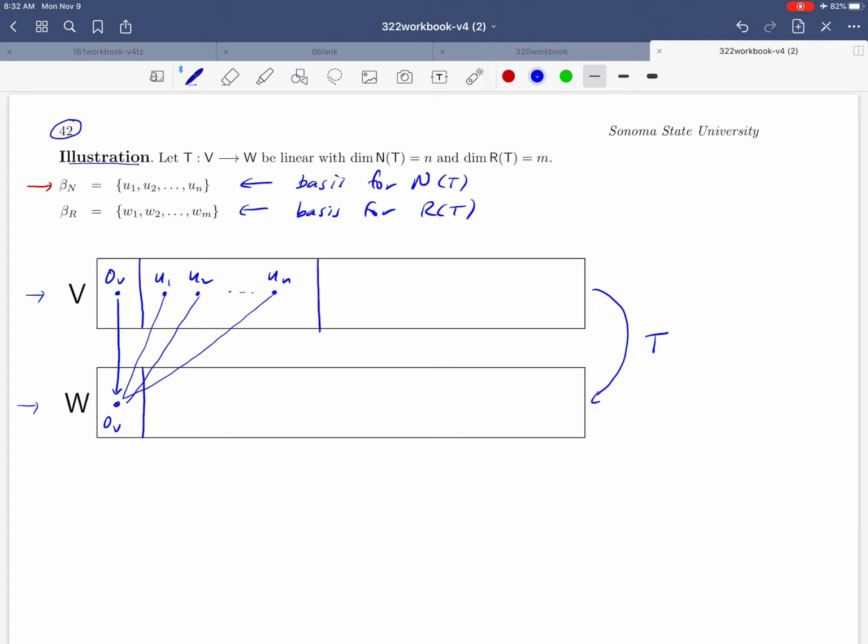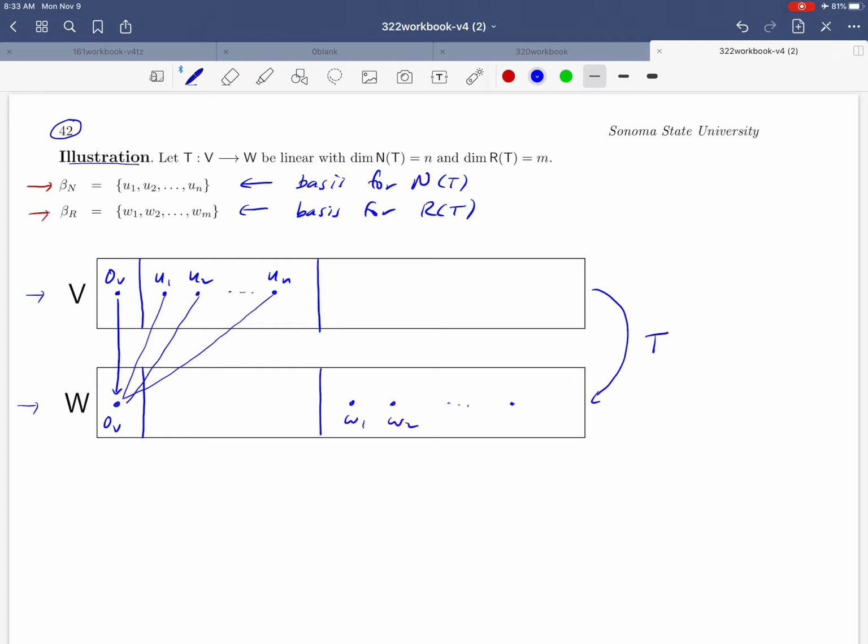Next, where in our diagram would the vectors in the basis for our range go? They're going to go in our output set, so they're sitting down here in our diagram. Let me try to be consistent with my colors here, just so this doesn't get too confusing to read. So w1 through wm are down here.